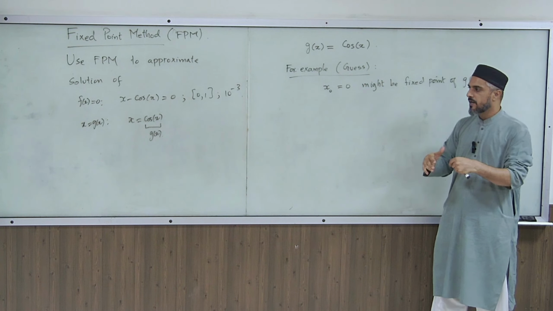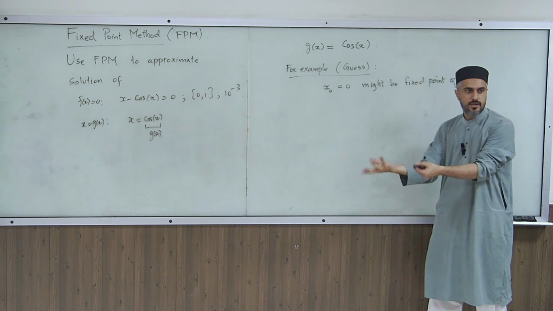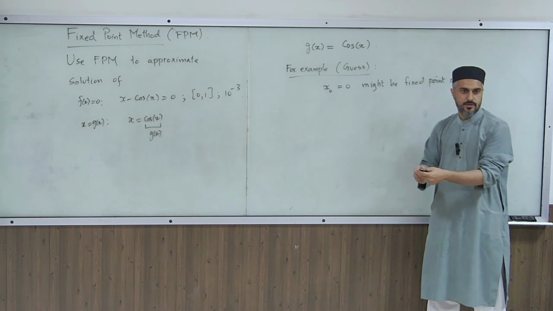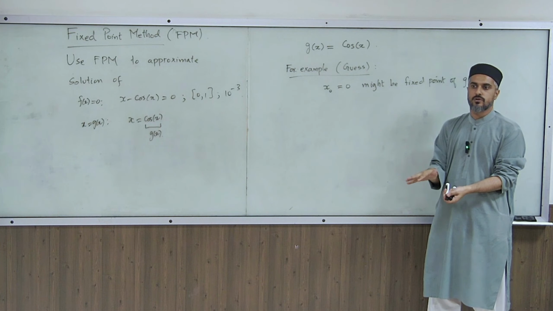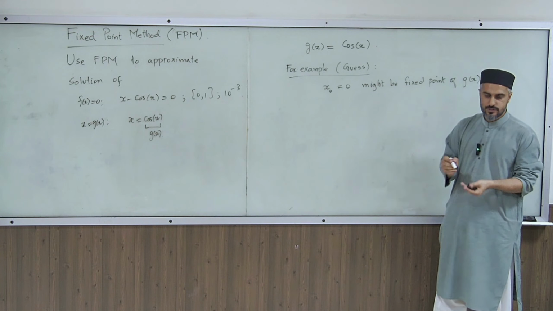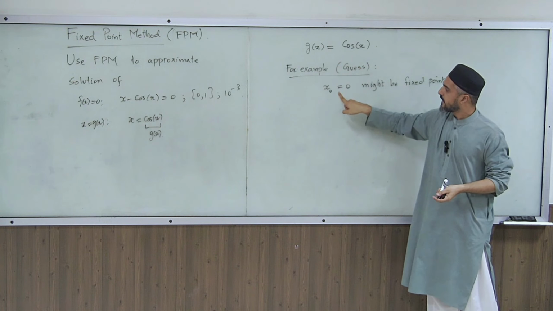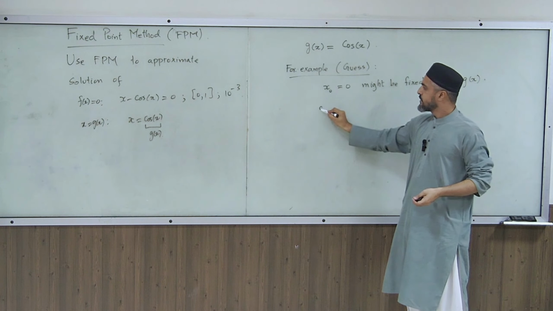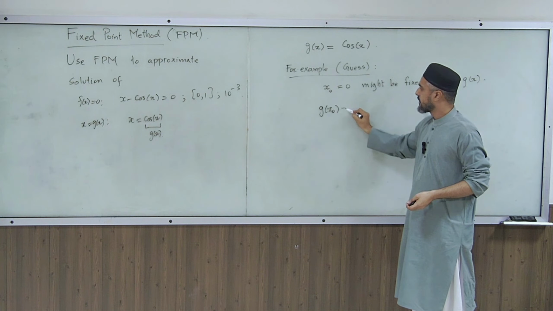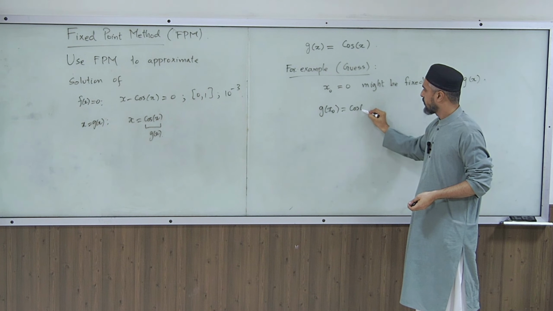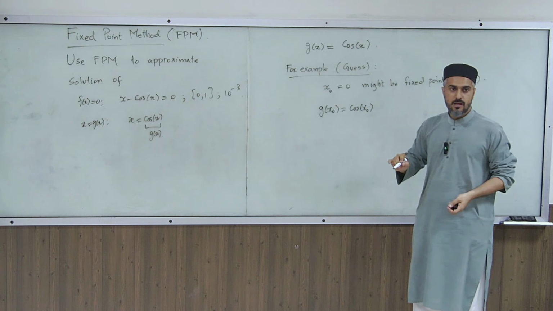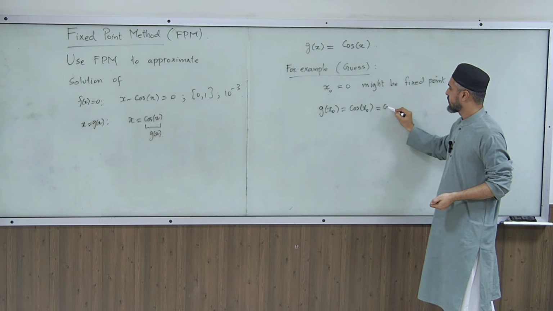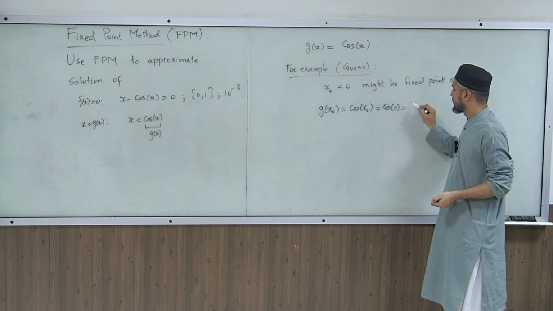So we need to check: is it a fixed point or not? Let's check it by plugging this value into g of x. So g of x naught will be what? Cos x naught. What is the value of x naught? It's cos 0.